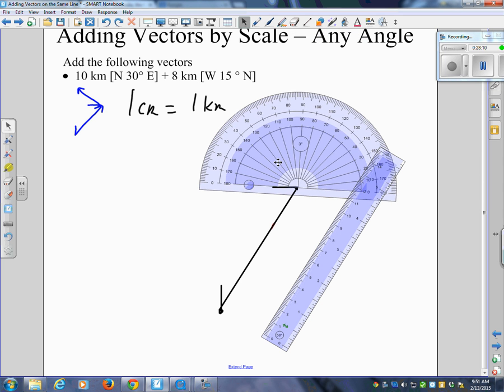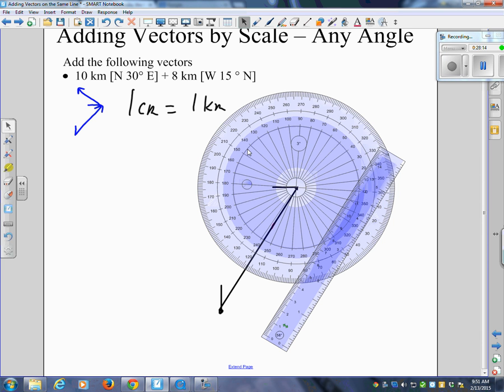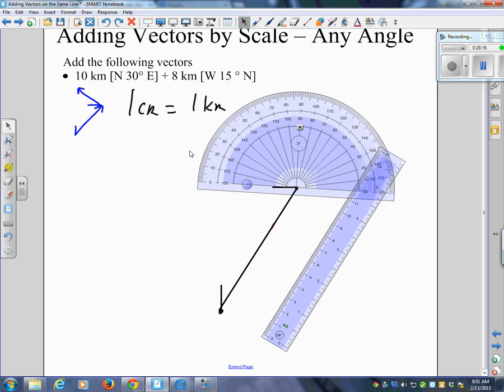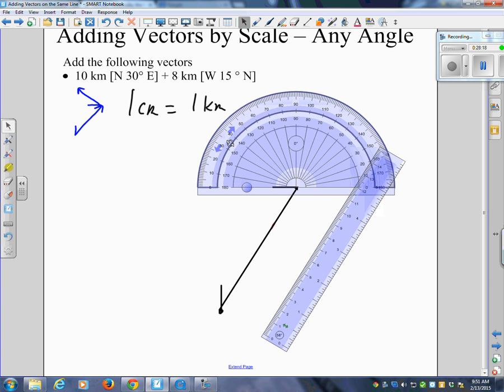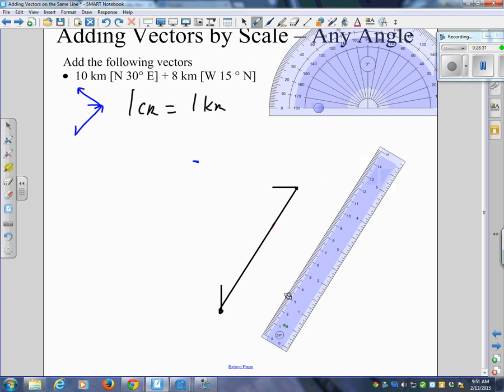Put your protractor on there. Get it nice and straight. 15 north is going to be right there. And now I'm going to go 8 kilometers, or 8 centimeters.